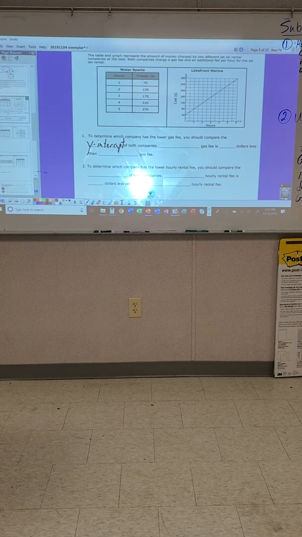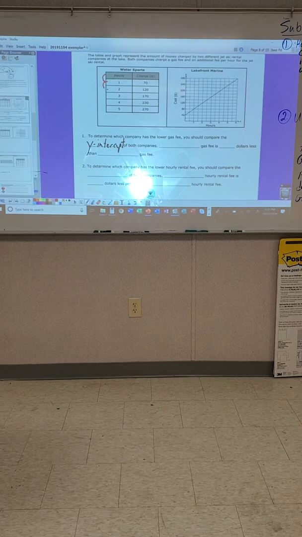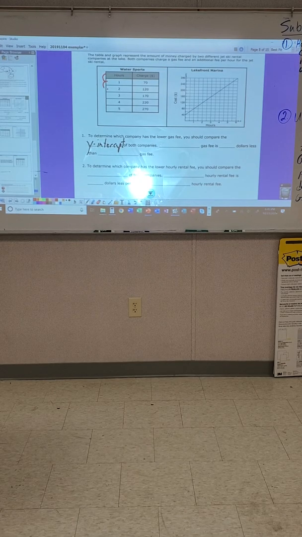The gas fee would be charged before the boat is even used. So that would happen at hour 0. So if we look at the change from here to there, we notice that's 1. And if we go the same change to 0, that works out. So whatever the change is, since the change from 2 to 1 is the same as 1 to 0, and we want to know what the charge is at 0, let's see what the charge is from 2 to 1.